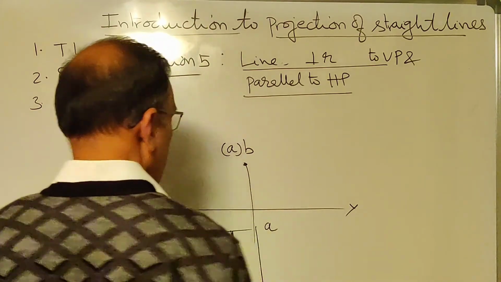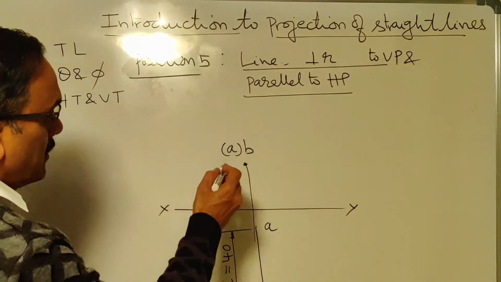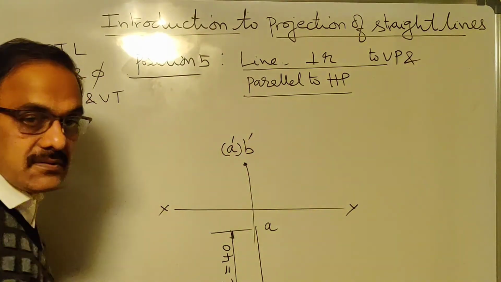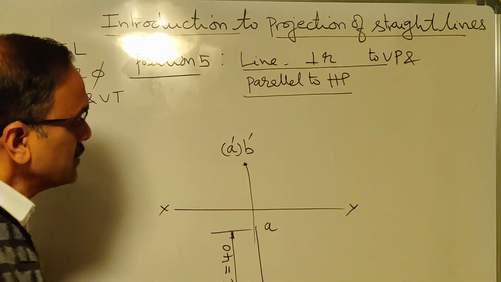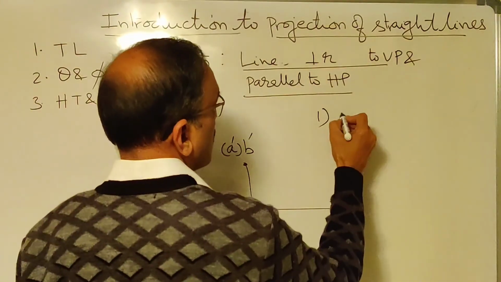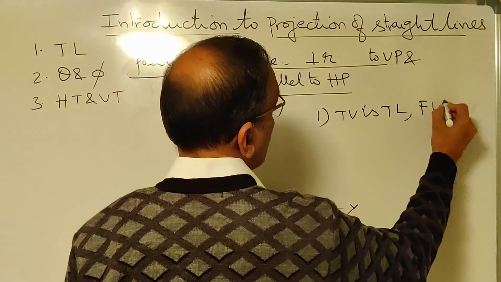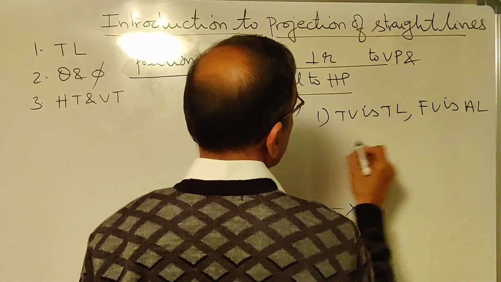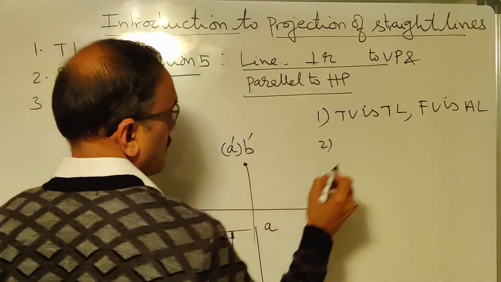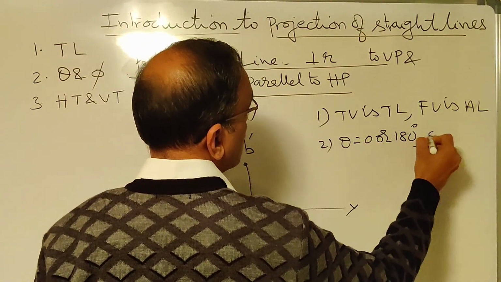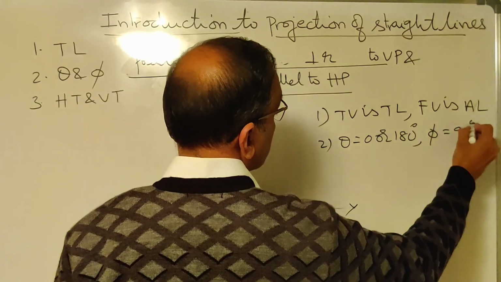Let us say 40. This should be front view, A dash, B dash. So my statement: top view is true length, front view is apparent length. Theta is equal to 0 or 180, phi is equal to 90.